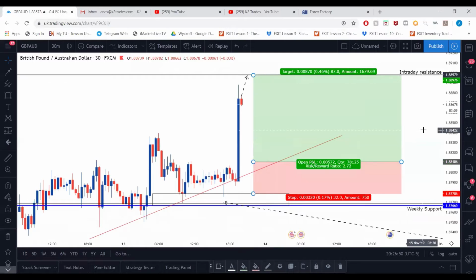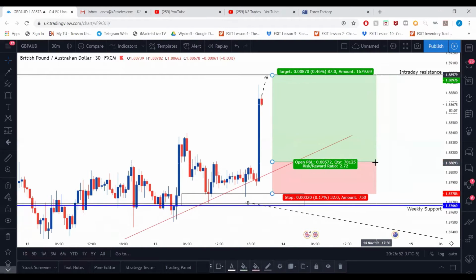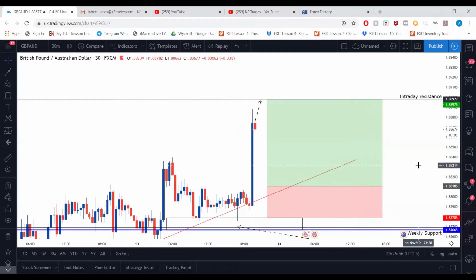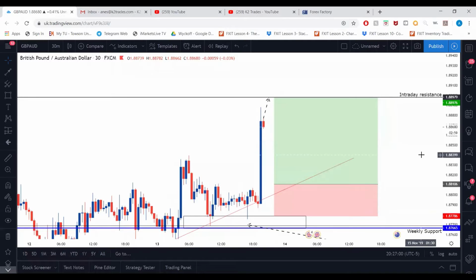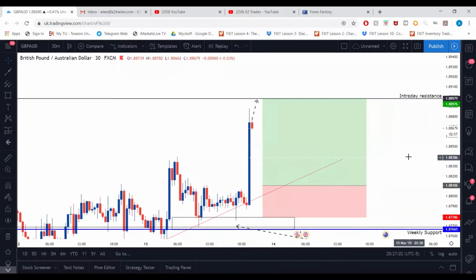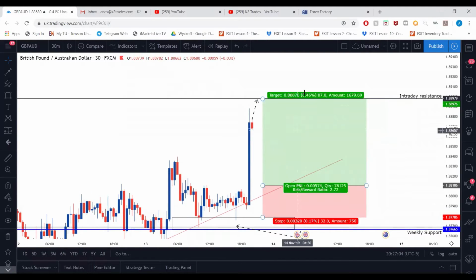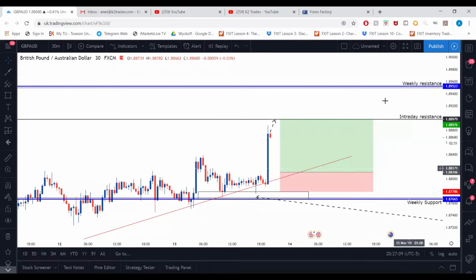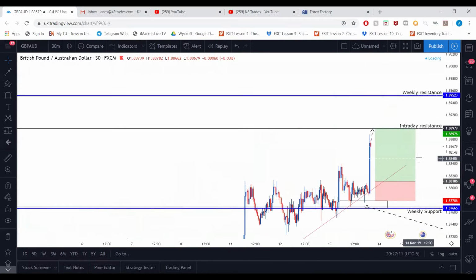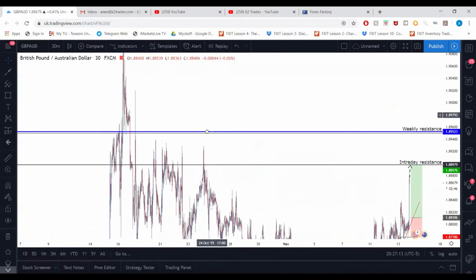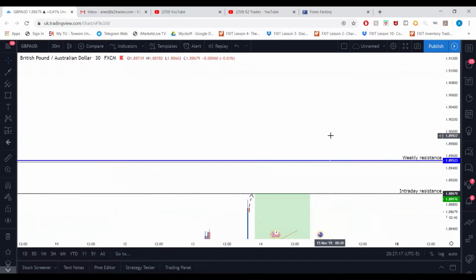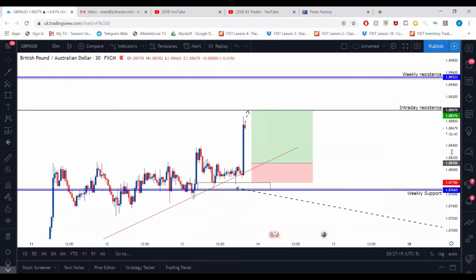And I believe this resistance will be reached throughout the London session, unless there's some unexpected bad news out of the UK, someone tweets or goes in the media and says something a little crazy. I see this continuing up. Like I said, I would like to see it reach this resistance, possibly a little bit higher, this 1.9, and to look for the long-term sell, right?